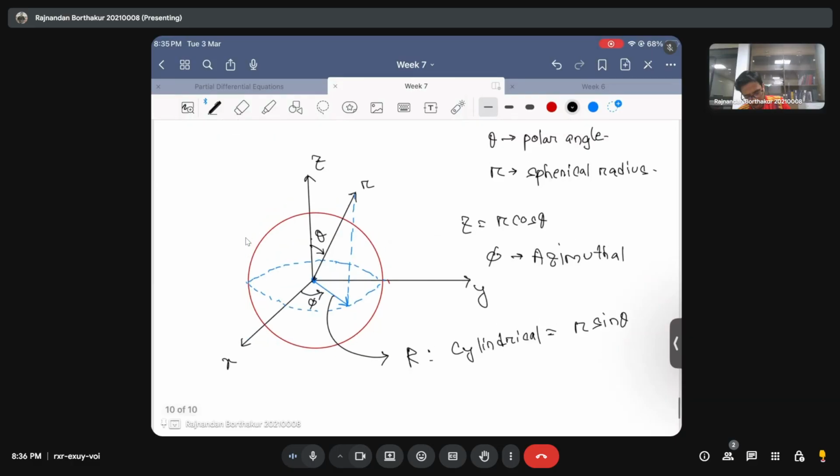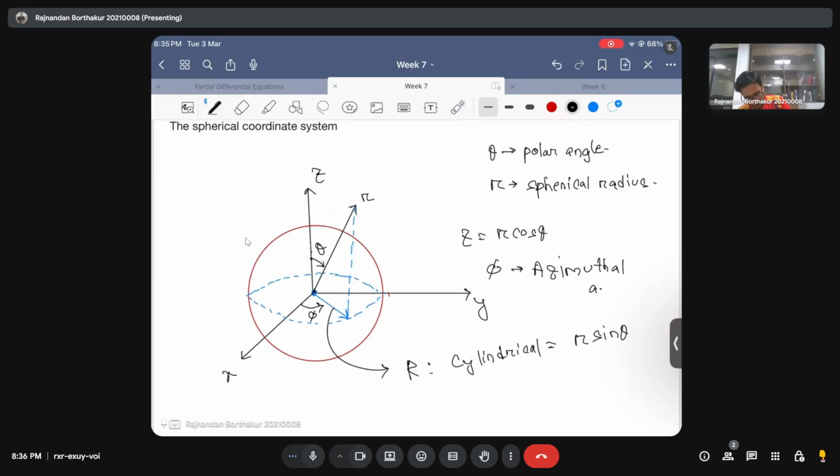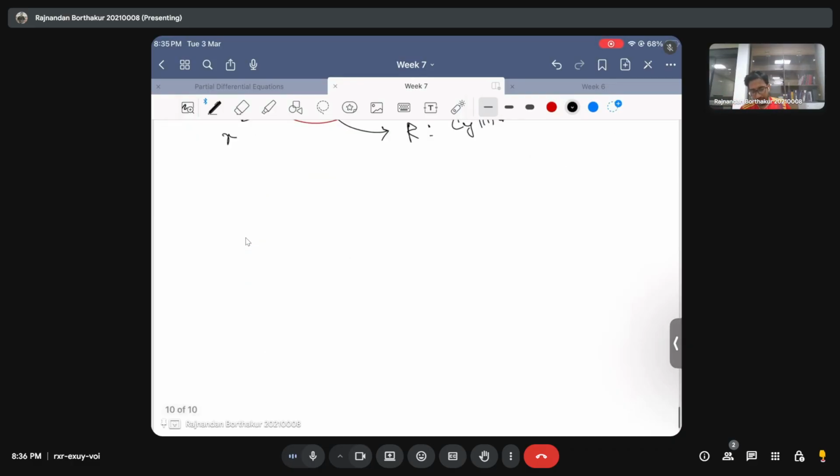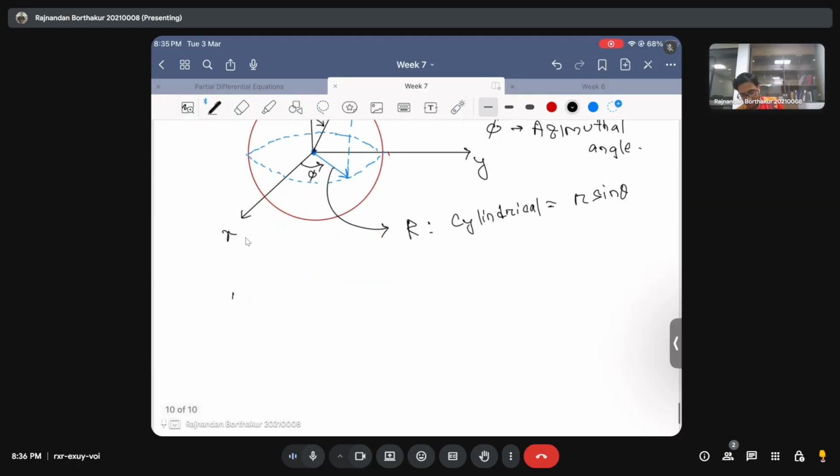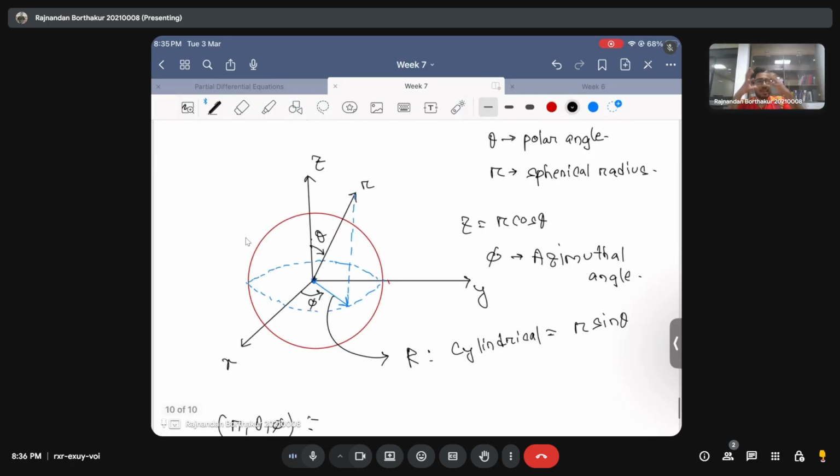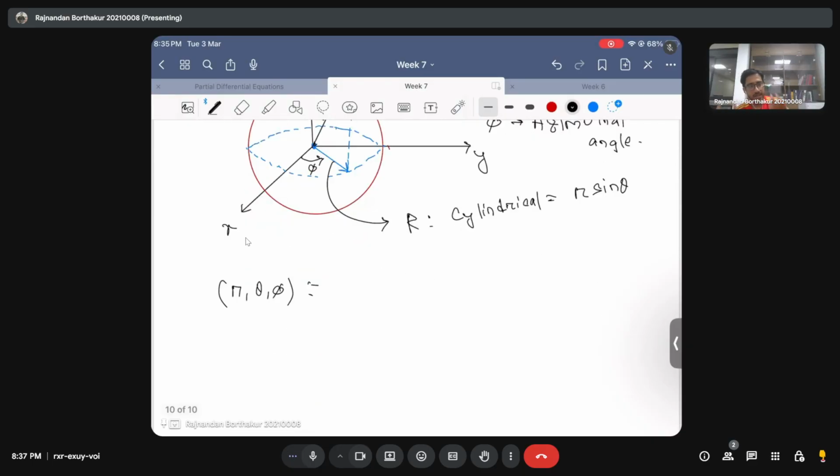Which means if I completely determine this r, theta and phi, I can actually generate any spherical surface or any spherical volume in space if I uniquely know what r, theta and phi are. And this r, theta and phi together constitute the spherical coordinate system.